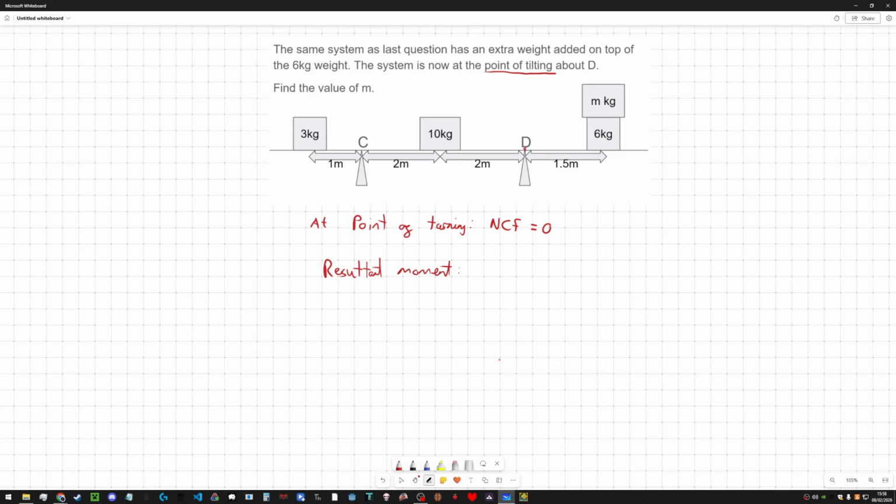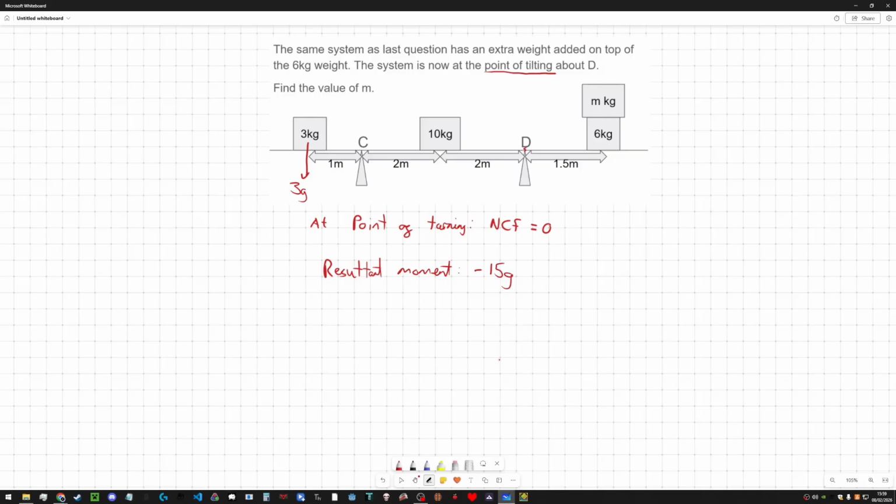About point D. So we have a 3 kilogram mass causing 3 Gs of force 5 meters away from D. It's going counterclockwise, so it'll be negative 15 Gs of moment.